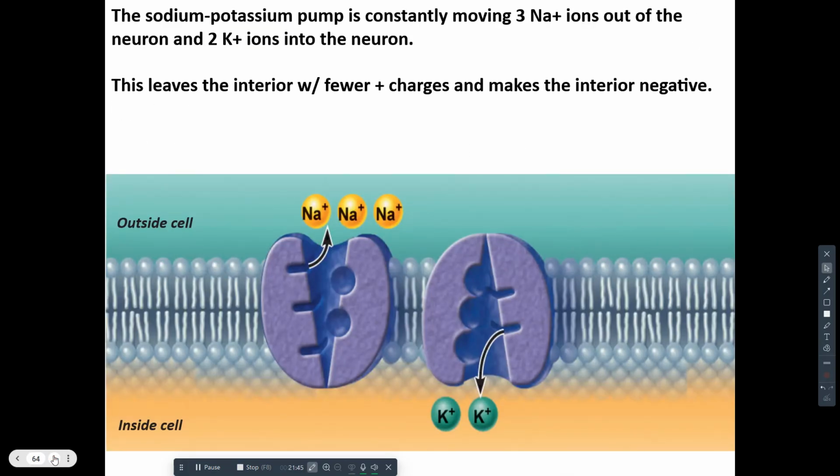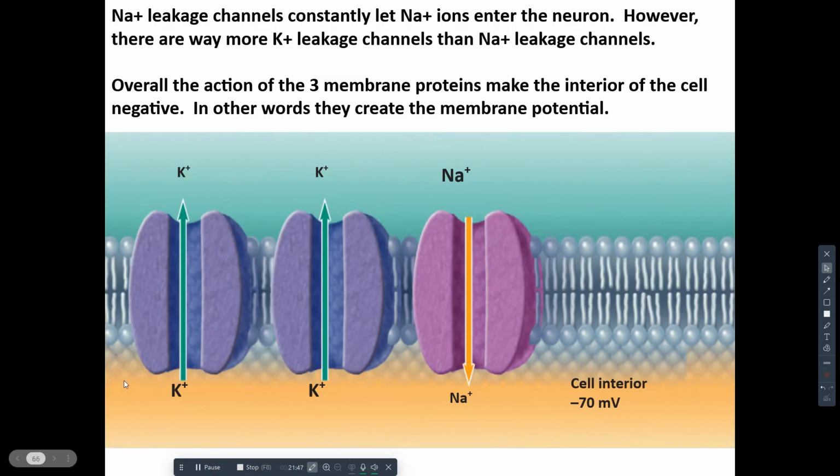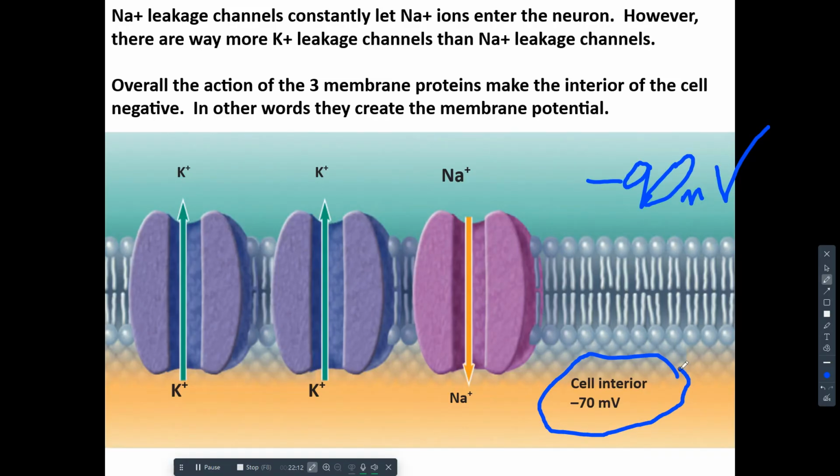Finally, we've got some sodium channels in the membrane as well, allowing some sodium to leak in. If there were no sodium channels in the membrane, then the membrane potential would be something like negative 90 millivolts. But because some sodium leaks in, the membrane potential, the electrical difference, is such that the cell interior is at negative 70 millivolts.